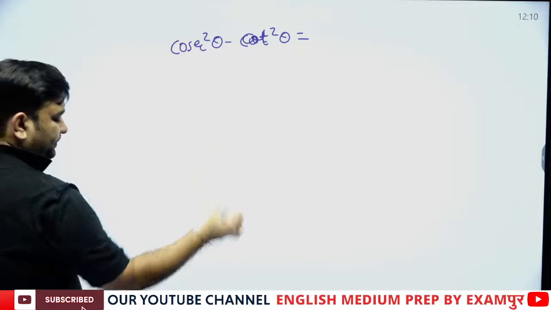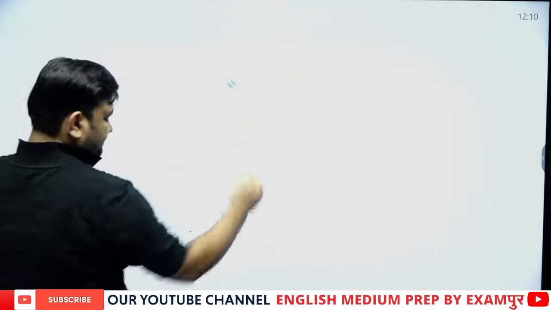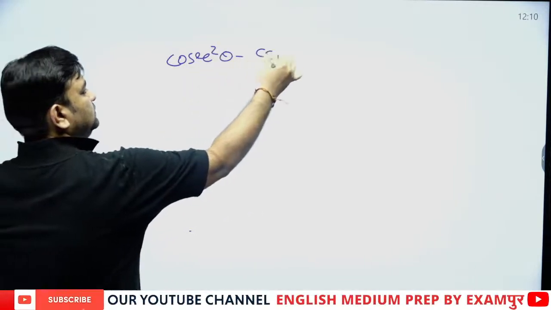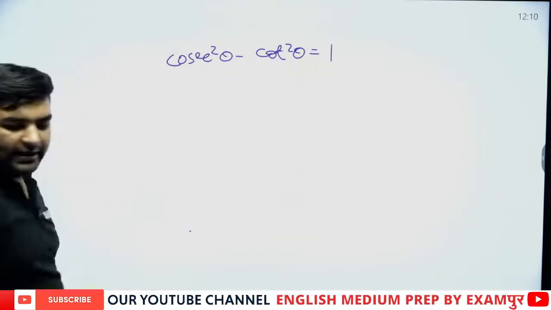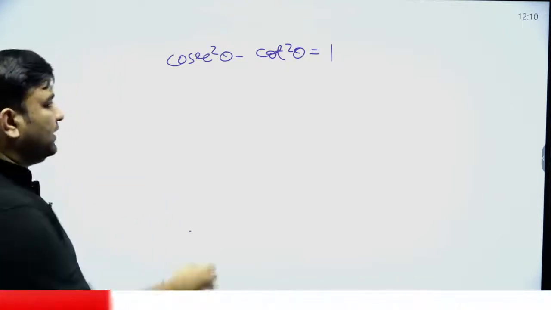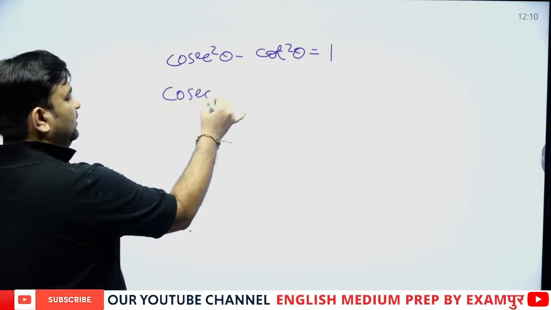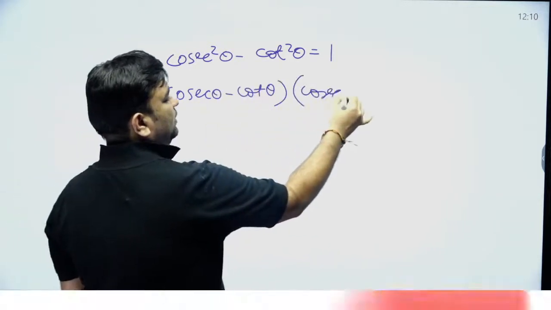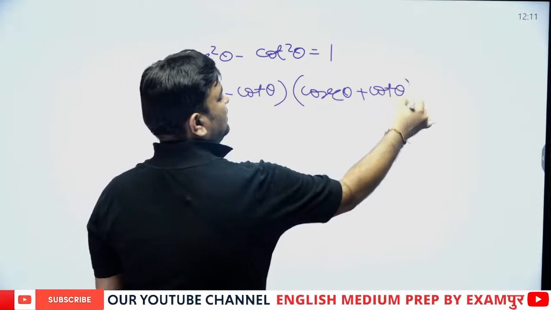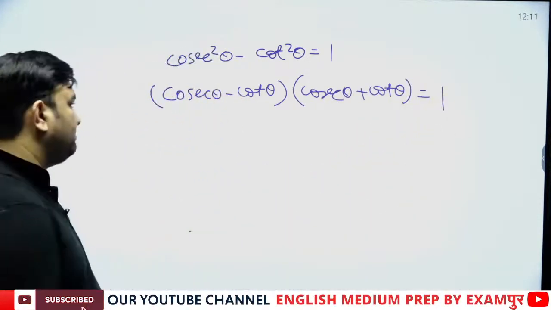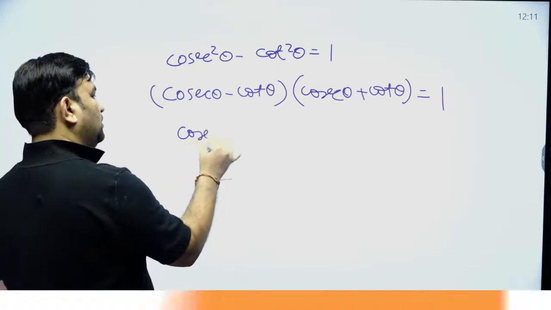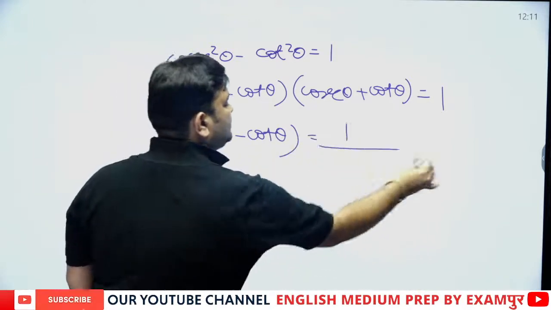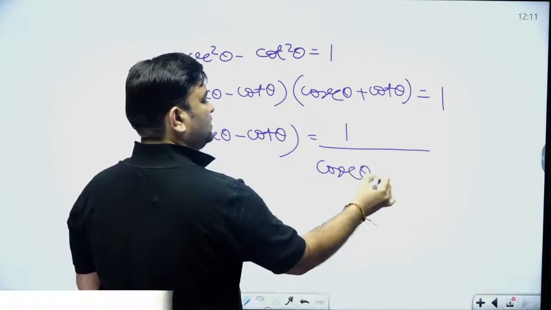From here as well, we can derive that cosec theta minus cot theta into cosec theta plus cot theta is equal to 1. So cosec theta minus cot theta is inverse of cosec theta plus cot theta.